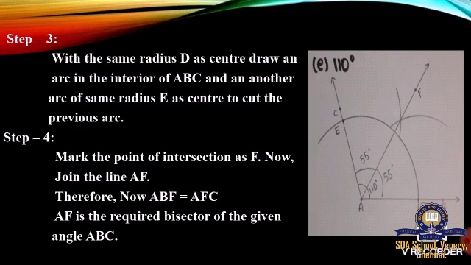So, from this we get ABF is equal to AFC. Because we need to find the angle bisector. Once again, I repeat that the angle bisector means it divides the angle into two equal angles. So, therefore, AF is the required bisector of the given angle ABC and ABF is equal to AFC.